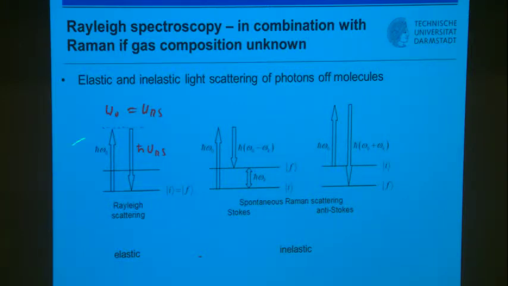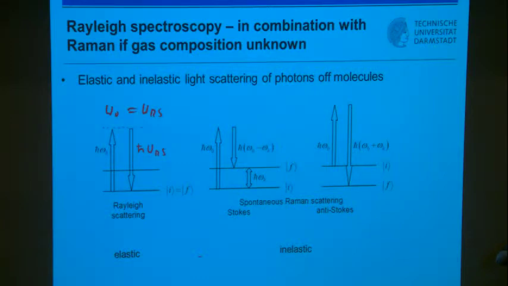So for the moment, it is just important to see what the process is doing, to understand that this is an elastic scattering process of light from molecules. Elastic because the frequency is not changed. And the basic physical view on that, a simplified view, is that you have an electromagnetic wave, and we just look at the electric field component, and this electric field is interacting with the molecule, with the electrons and the nuclei, and it exerts a force on that molecule, and the molecule starts to oscillate.